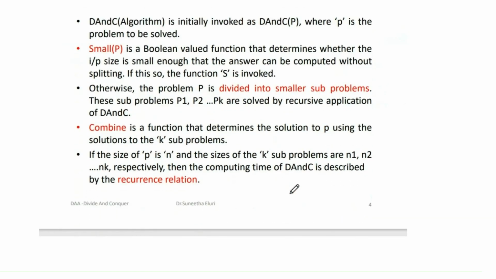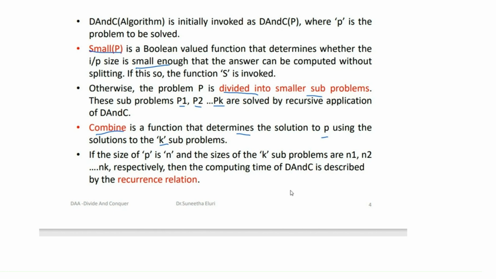As I already said, small p is a Boolean valued function. It returns whether the problem is small enough or not, and P is divided into smaller subproblems P1, P2 and so on Pk, and combine is a function that determines the solution to problem P using the k subproblems.